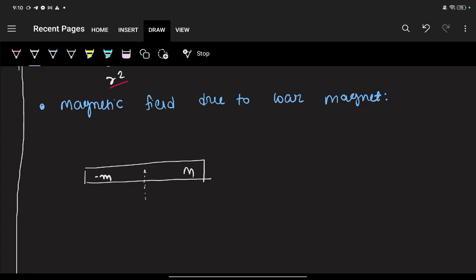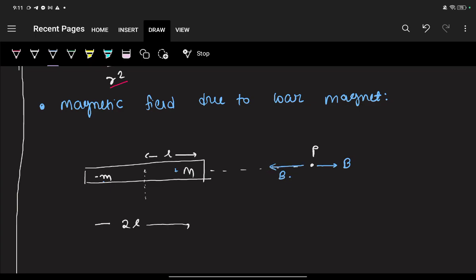Let's say the length of this bar magnet is 2L. So that means this is length L, and we are interested to find out the magnetic field at this point P, okay? So we know due to this positive M, the magnetic field would be in this direction, and due to this negative M, the magnetic field would be in this direction, right?